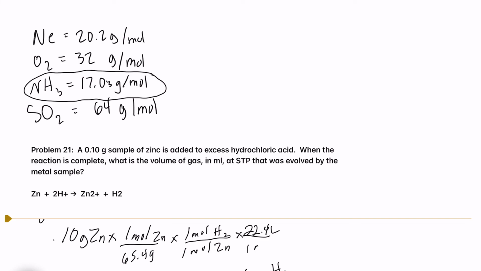So I know it's 22.4 liters per mole at STP. And then I get out of liters and into milliliters. We multiply across and divide by the bottom. And we get 17 liters. And this is correct to two significant figures.